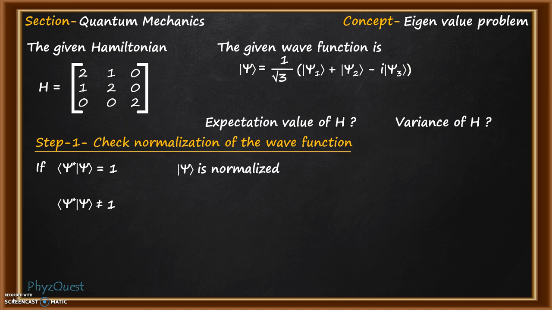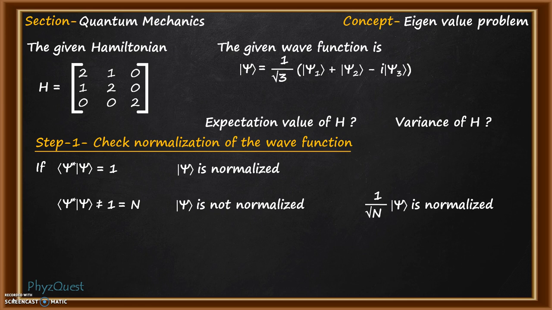If it is not equal to 1, then psi is not normalized. But then this psi star psi should be some number. Let us suppose this is equal to n. In that case, in order to get a normalized wave function, we multiply the reciprocal of the square root of the same number with the original wave function. So 1 by square root of n into psi is a normalized wave function.